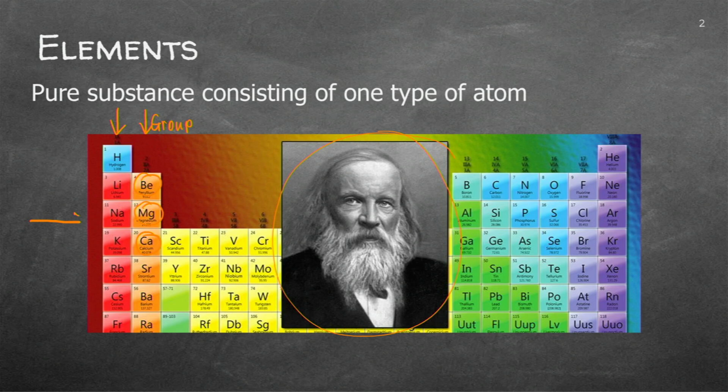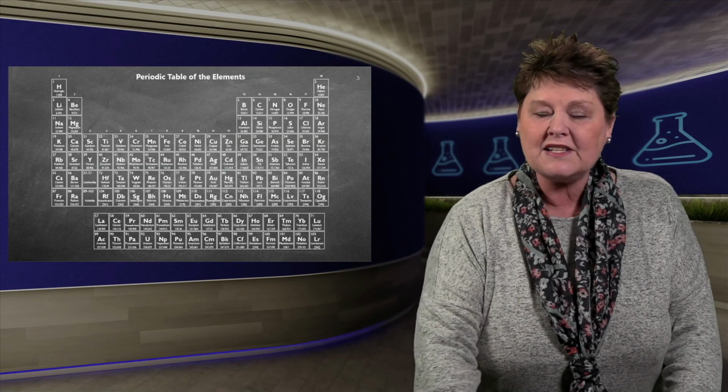Then there's the rows that we call a period, and if you have a look at your electron configuration, it'll tell you exactly why lithium will be before beryllium, why boron will be before carbon, before nitrogen, before oxygen, fluorine and neon. You need to know where he came from to actually arrange these elements in this specific order.